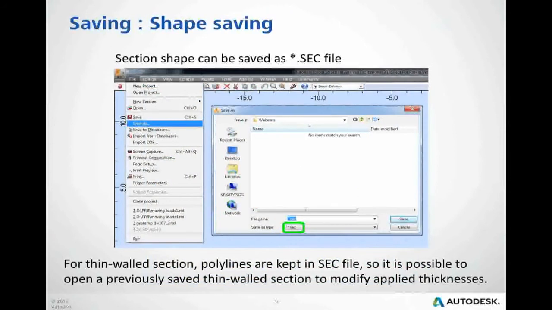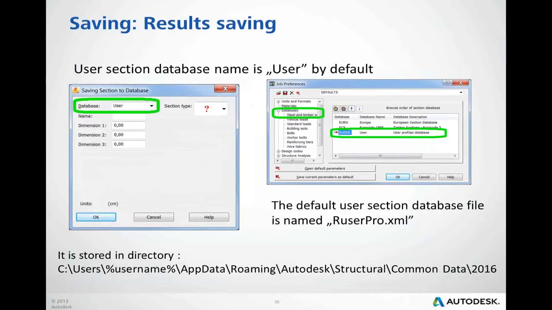Like for the solid section, the shape of this Finwald section can be saved in an external file, a seg file. The section can be saved in the user section database to be used later on the model in the same way as previously discussed during the solid section presentation.